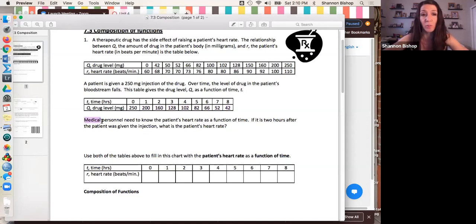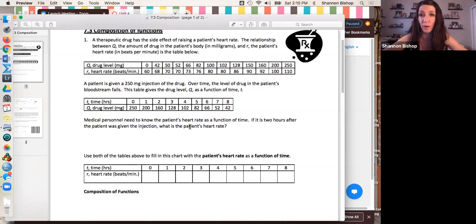The medical personnel need to know that patient's heart rate as a function of time. So if it's been exactly 2 hours after that patient was given their injection, then what's their heart rate at that moment? How could we figure that out? So it's been 2 hours since I've been given my injection.